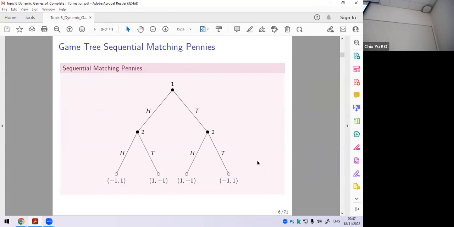Basically, one player in the first round shows his coin, head or tail, and in the second stage player two, seeing what player one has chosen, decides what to do, and the payoff is given if both are the same side. Player one gets $1. If they're different, player one loses $1. Right? It's a zero-sum game. So that is how you define this game.